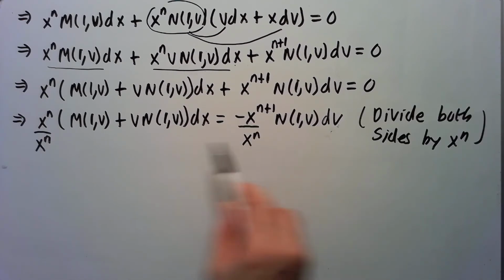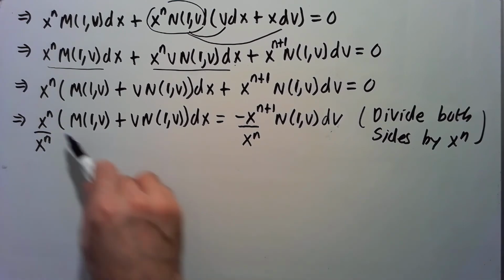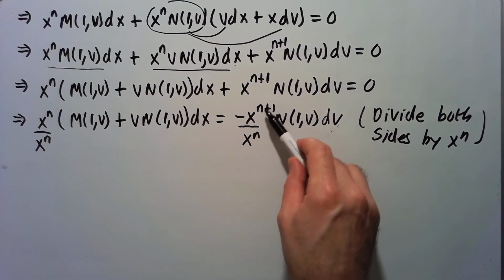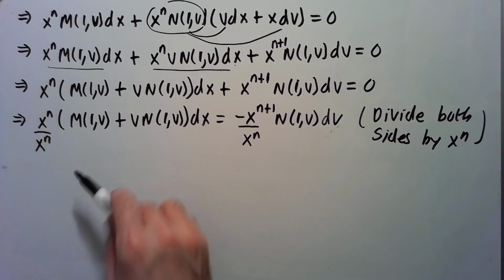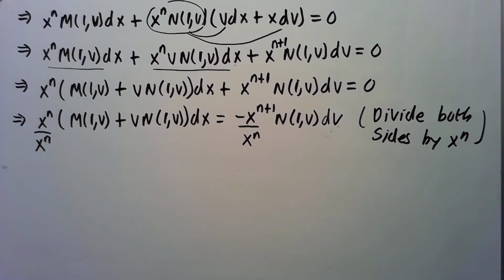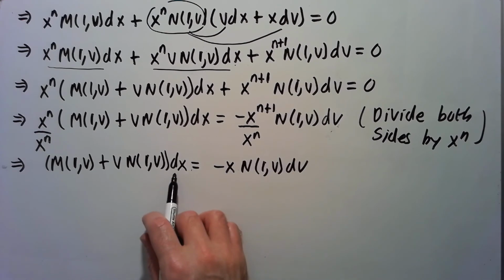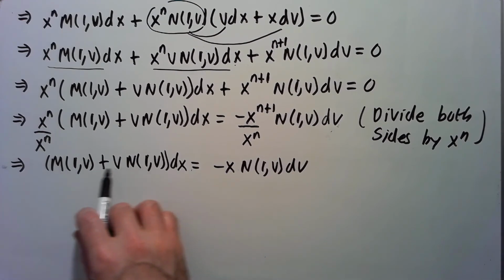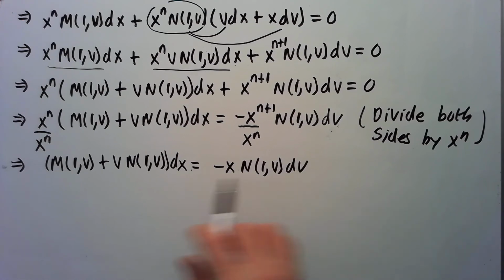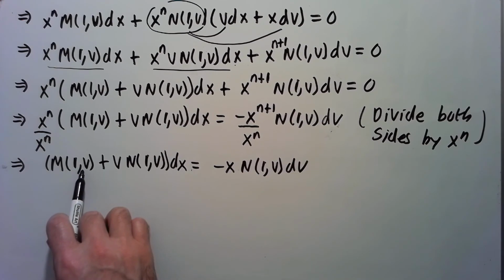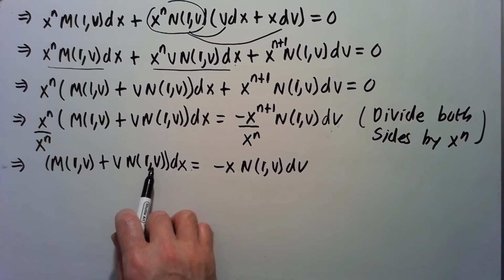So we divided both sides by x to the n here. That's going to become 1, and it'll be just a minus x left here. So we get this. Then we just need to realize we can separate the variables now, because we can get the negative x over the dx. We get these M and N guys over here, because M of (1, v) is a function of v, and so is this.